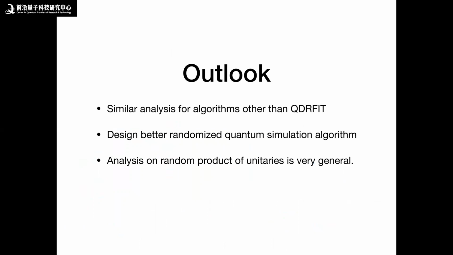And this understanding of these different settings with unitary, states, and observables would allow us to design better randomized quantum simulation algorithms. Aside from that, the mathematics involved is actually quite new, and basically we now know how to analyze random products of unitaries, and it already has some applications, but I don't want to talk too much about them.